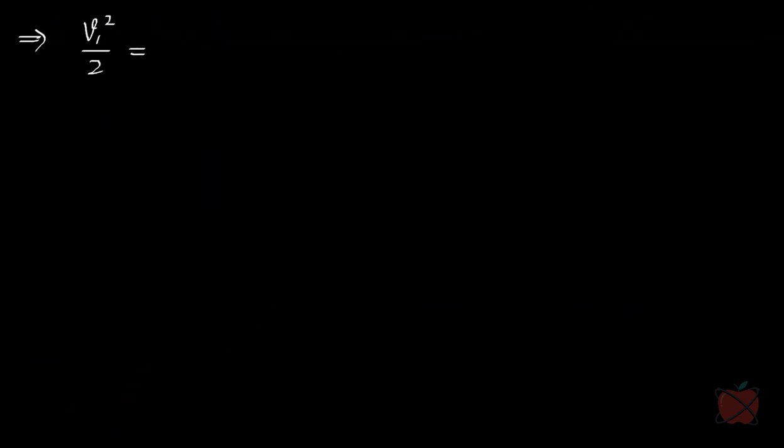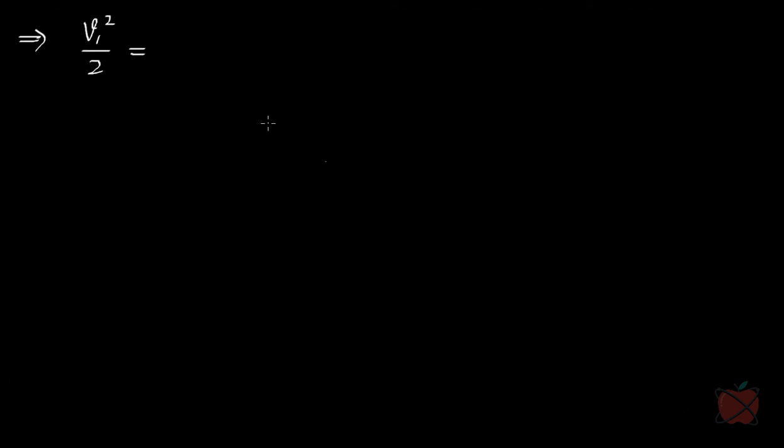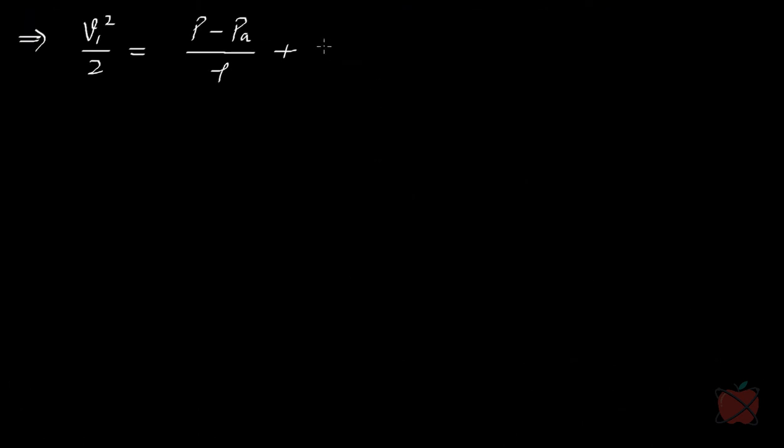This will be P minus PA by rho plus, this minus this, gy2 minus gy1, take common g. So it will be g (y2 minus y1). Got it?